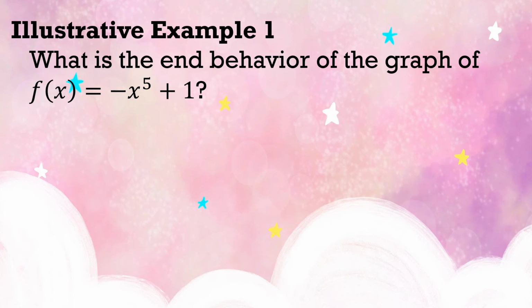Now let's have some illustrative examples to discuss what we have learned earlier. Illustrative example 1. What is the end behavior of the graph of f of x is equal to negative x raised to 5 plus 1? Now, to know the end behavior of the graph of this polynomial function, let us identify whether the degree is odd or even, and whether the leading coefficient is positive or negative.